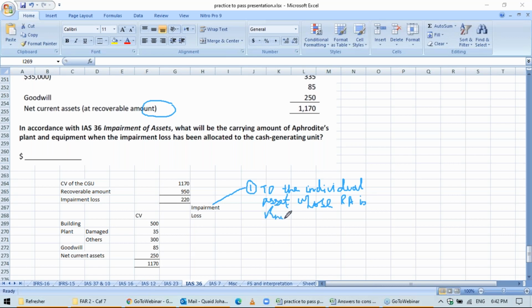First loss will be allocated to the item in the cash generating unit whose recoverable amount is known.